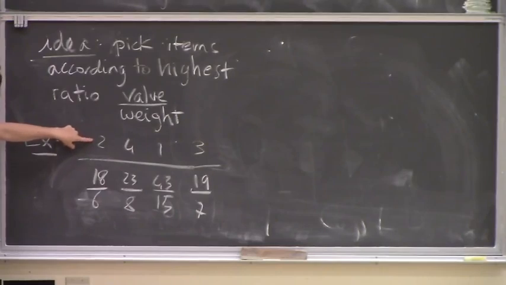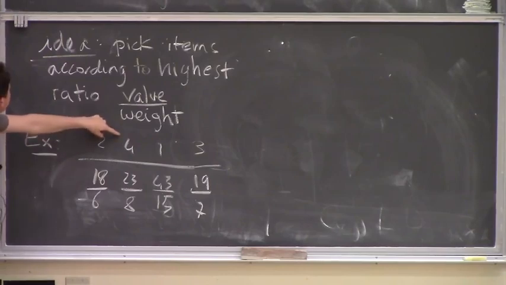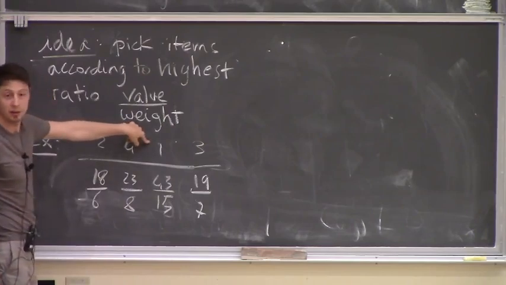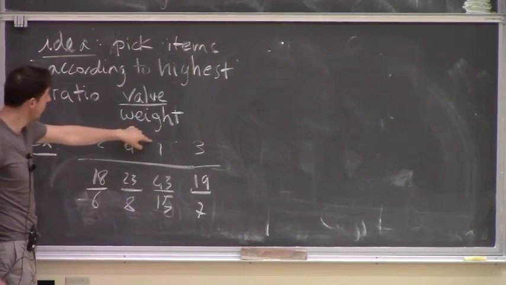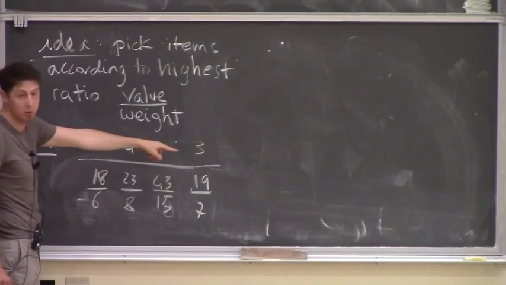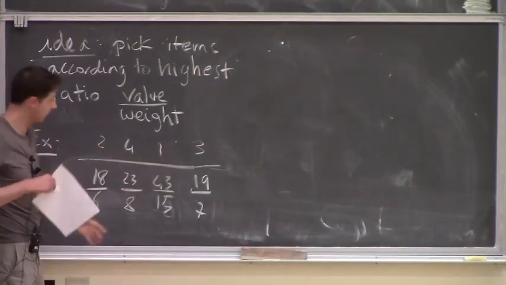Then we add 4, and we go to 14. And then plus 15, we get to 29. 29 is less than 30, so that's good enough. 3, we cannot put in anymore because we would get to 35.